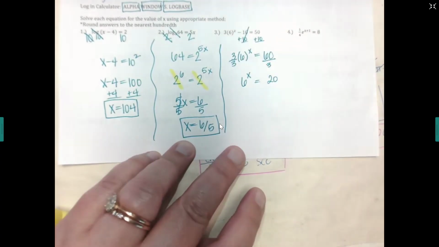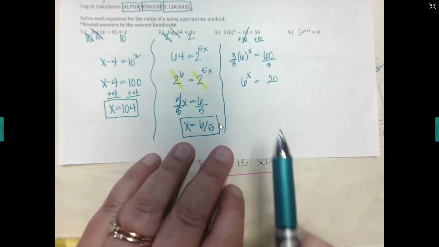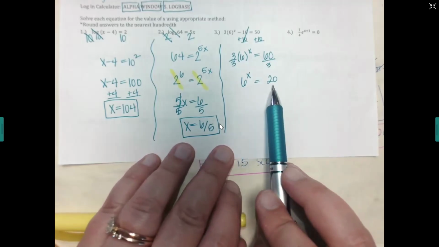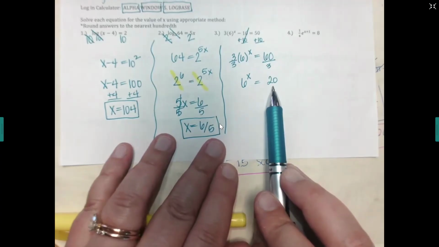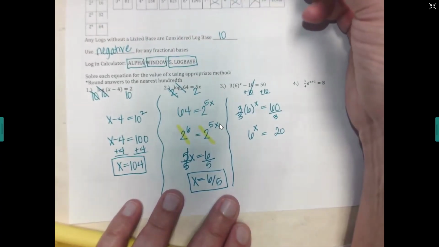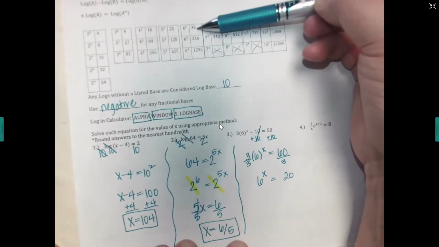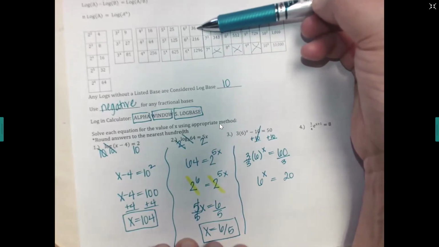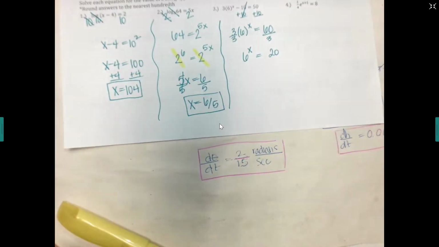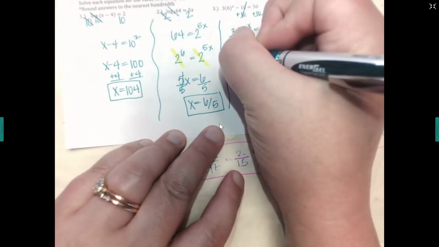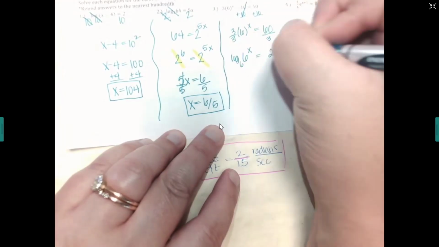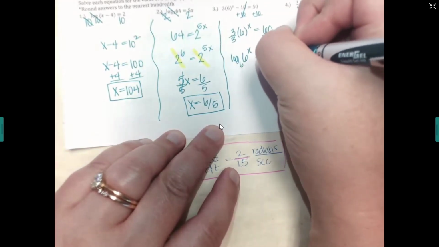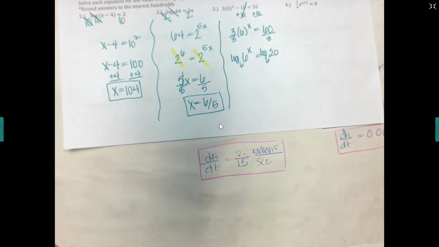20. Now, at this point, I'm going to look in my 6's chart and try to turn 20, but then I notice that's not possible. The smallest 6 in my chart is 36, so 20 is not going to work. Then how else can I get rid of a log big 6? Log little 6. So remember, if the chart won't work to get rid of the big number, then you log little that same number.